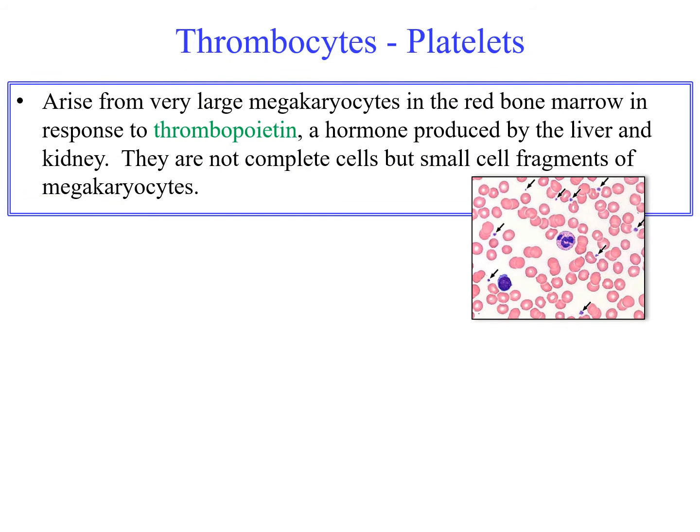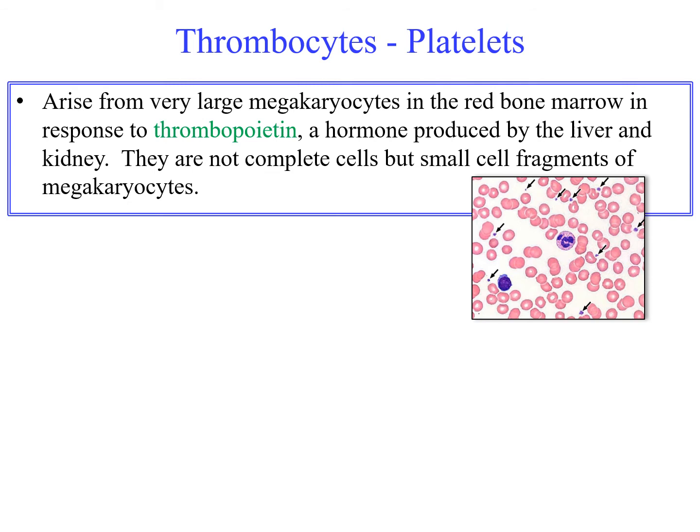Next, about thrombocytes or platelets, our third formed element. Remember, there are three types of formed elements: red cells or erythrocytes, white cells or leukocytes, and thrombocytes or platelets. These small little cell fragments, they're not even considered complete cells.